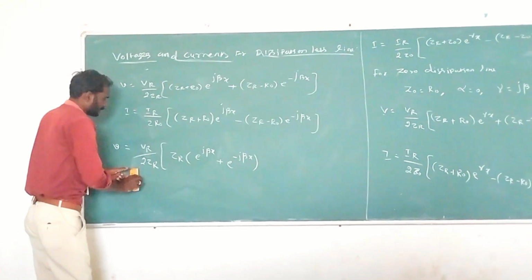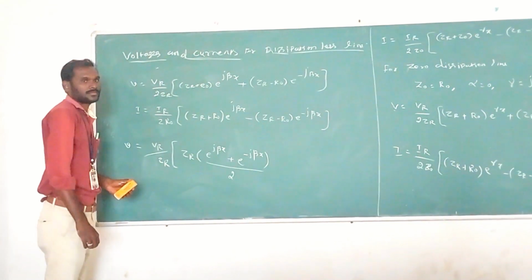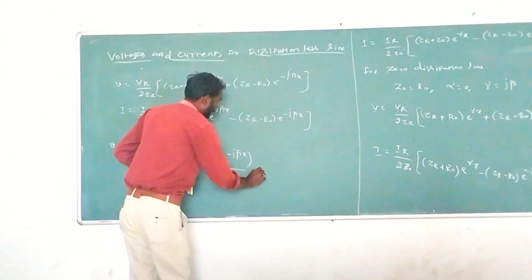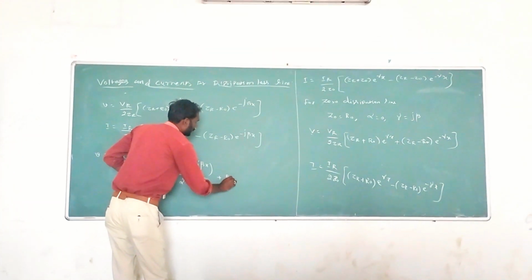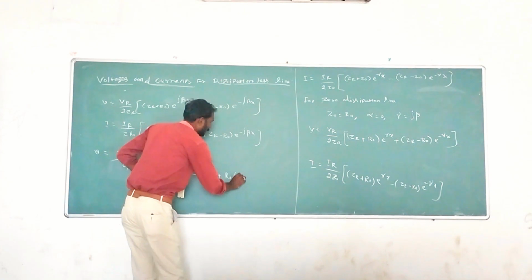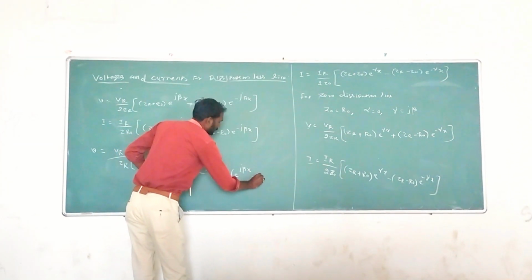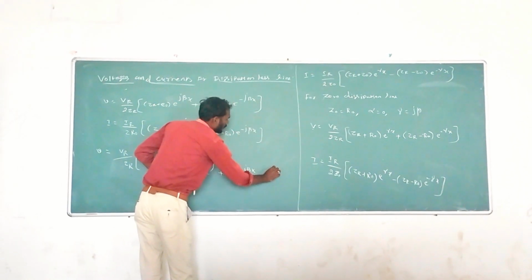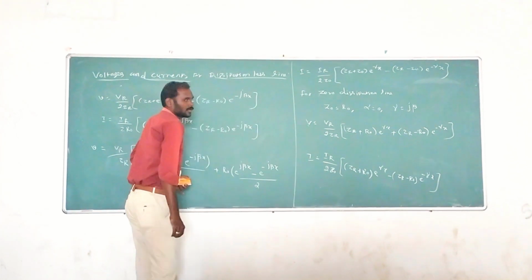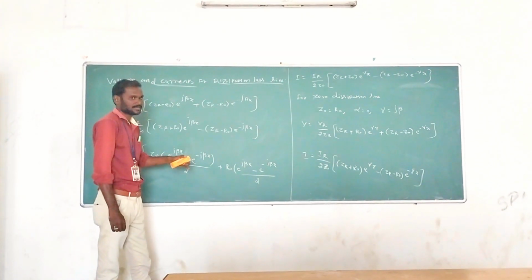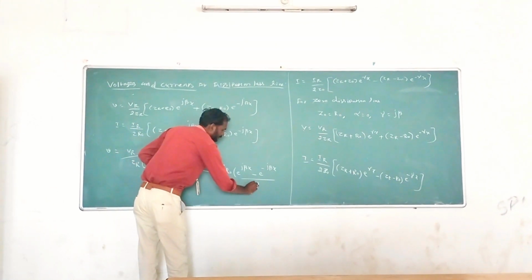Plus R0 times (e power j beta X minus e power minus j beta X) divided by 2. For the formula of sin beta X, we multiply the numerator and denominator by j, right?